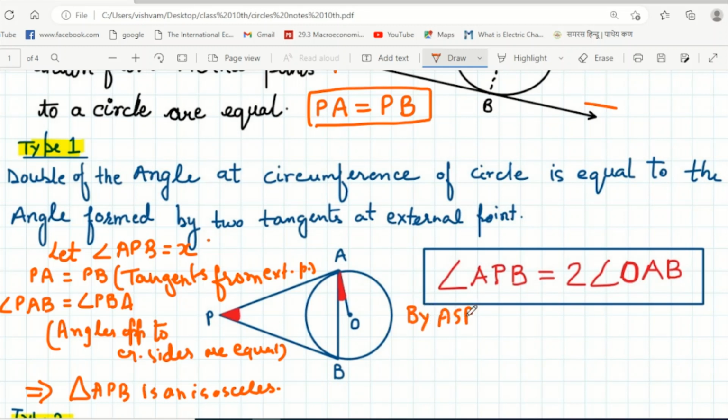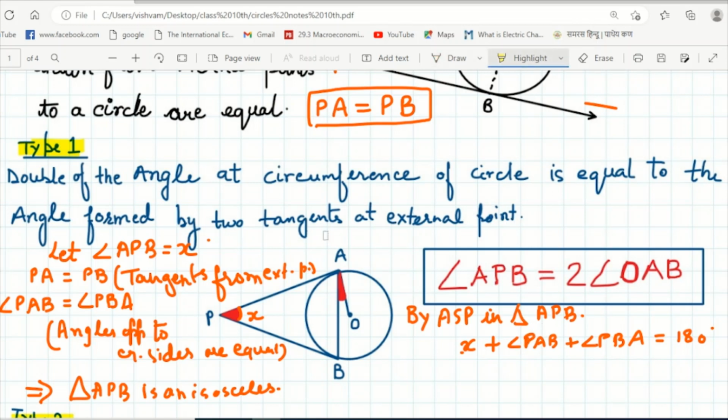By angle sum property in triangle APB, we can say that angle APB, which is considered as X, plus angle PAB plus angle PBA equals 180 degrees. And from equation number 1, we can say that PAB is equal to PBA, and that's why X plus angle PAB multiplied by 2 equals 180.